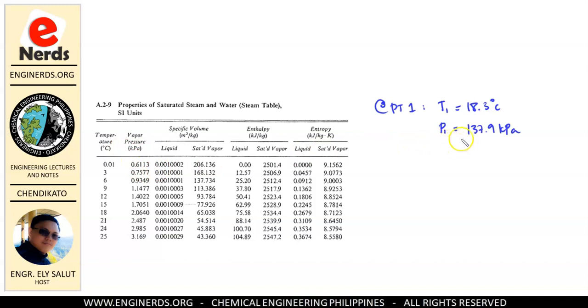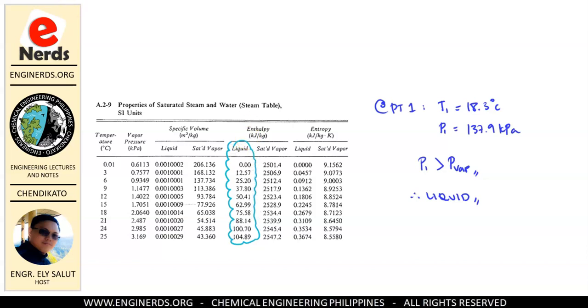But our given is way higher. So therefore, our pressure 1 is actually greater than our vapor pressure. So therefore in here, since our pressure 1 is greater than the vapor pressure, therefore we have here a saturated liquid. So therefore we are going to get the value of our enthalpy from here.